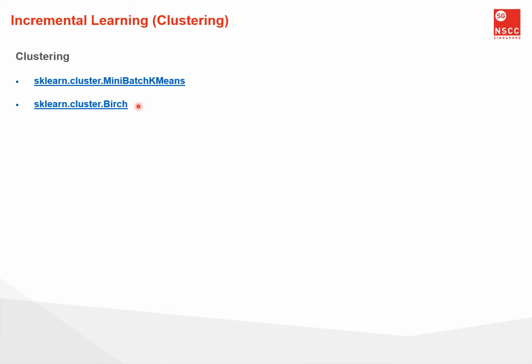Another algorithm that supports partial fit in the clustering family is the Birch algorithm. So these two are the ones that can support partial fitting, which means that if you're doing clustering over a very large data set, these are the two go-to algorithms.